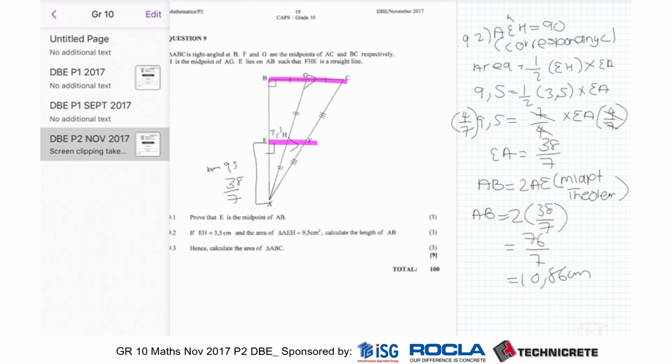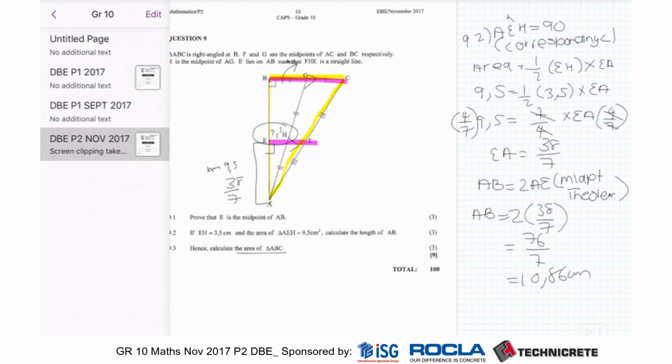Last question says calculate the area of triangle ABC, so the entire triangle. We know the height, and we know we can find BG, okay, BG and BC from midpoint theorem.